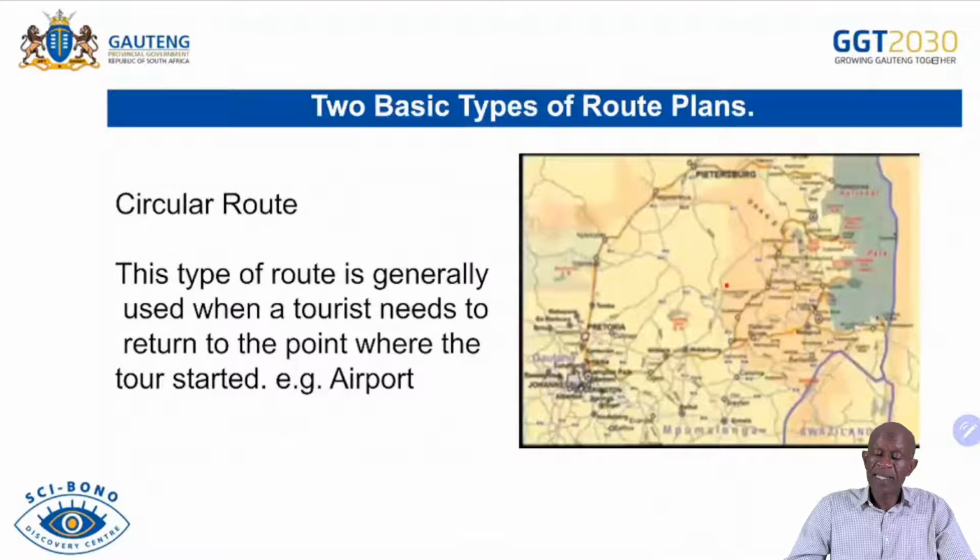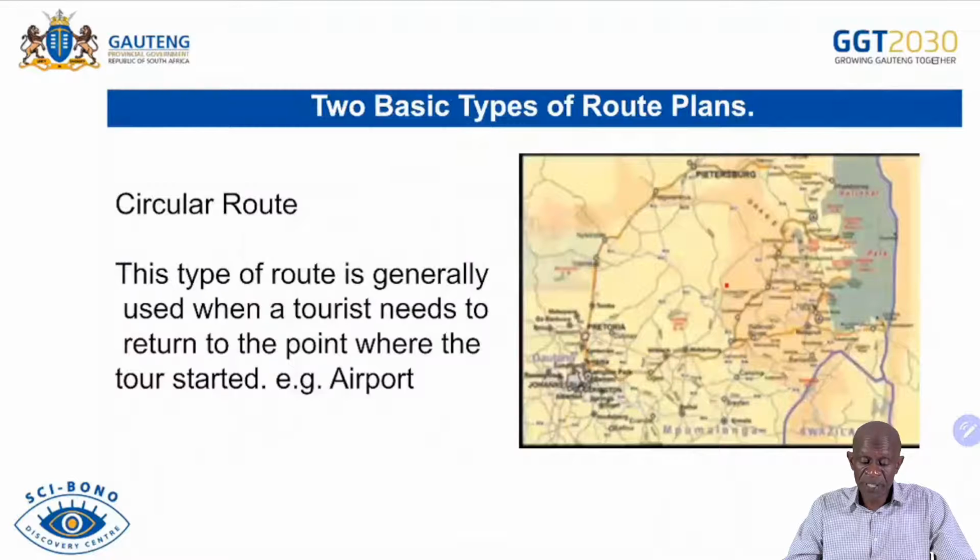In this slide and the next one, we'll differentiate between two types of routes. The circular route: this type of route is generally used when a tourist needs to return to a point where the tour started.